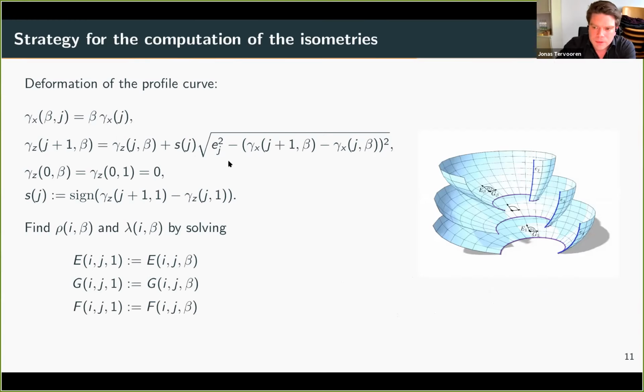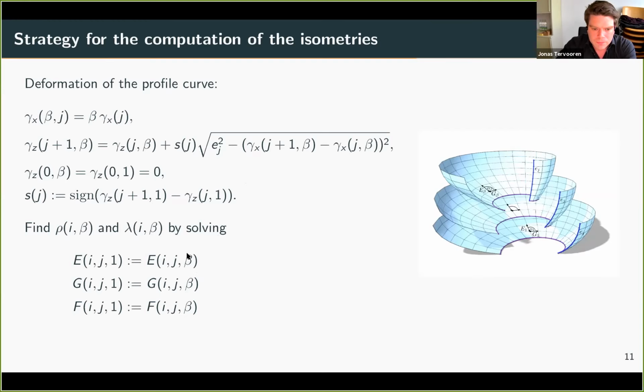After we deformed the profile curve, we have to find the new prism curve and the new lambdas so that we then can construct the new surface. And to obtain these new quantities, we have to solve the following set of equations for a given pattern.